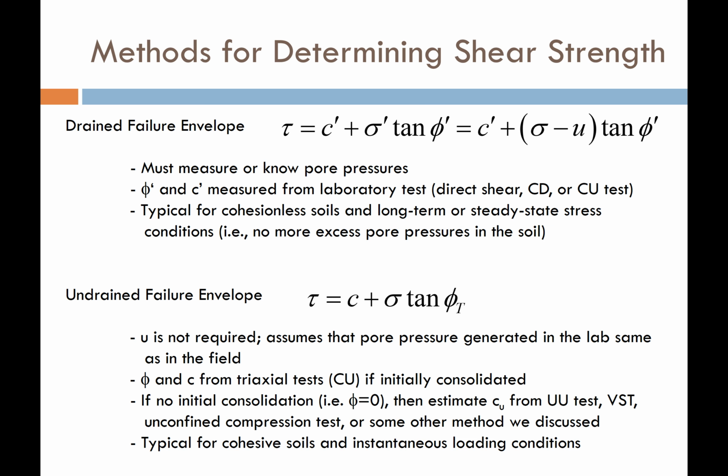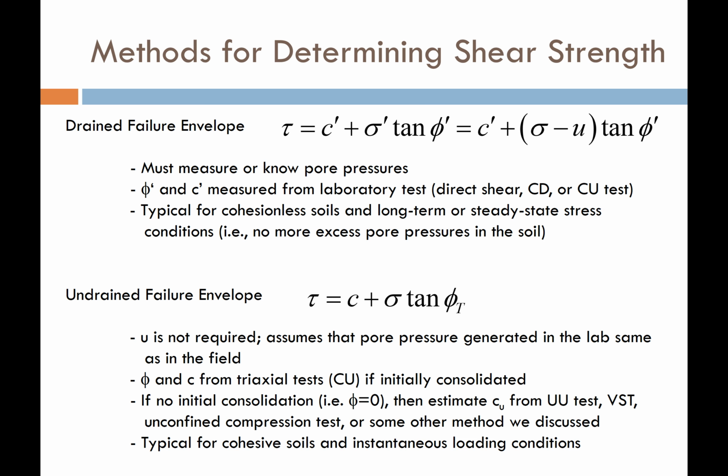To measure these drained properties, we can get them from a direct shear test, from a consolidated drained triaxial test, or from a consolidated undrained triaxial test after we've corrected the data for the measured pore pressures.